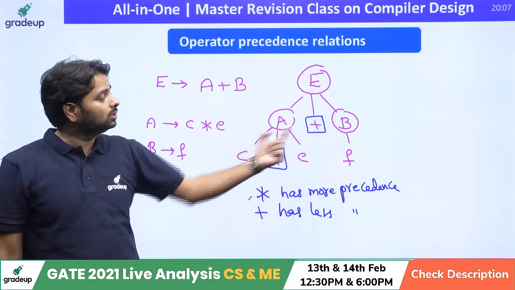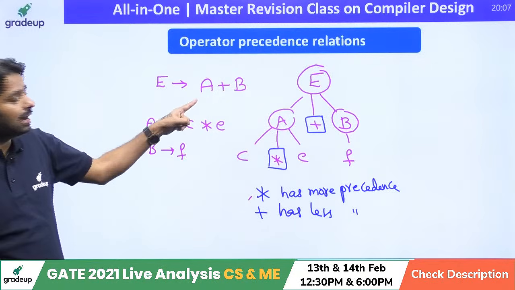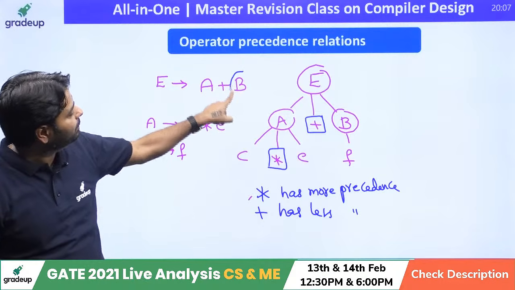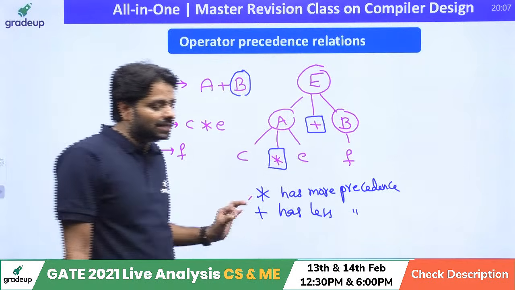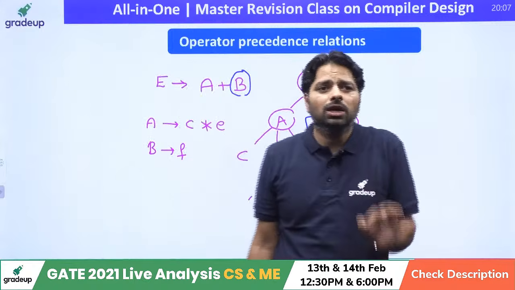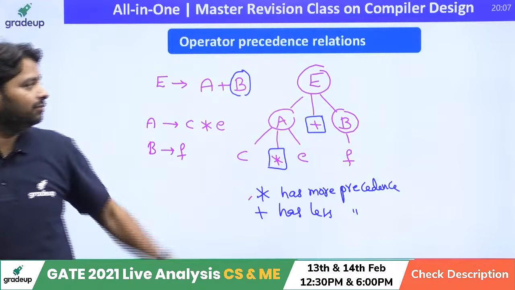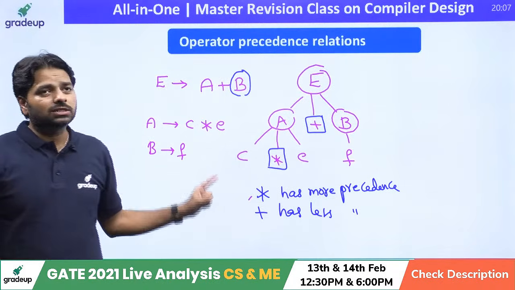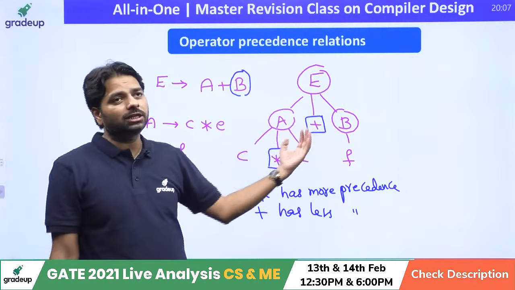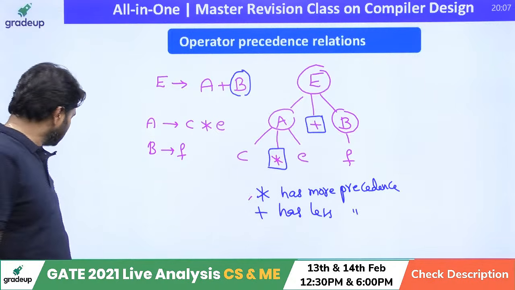Both are different, guys. Star should be on the left side of the plus, because in the grammar, from capital B, star never comes. Don't blindly say star has higher precedence. Yes, star is higher, but that should come to the left of the plus. Remember that. Okay, that's one example I can give.